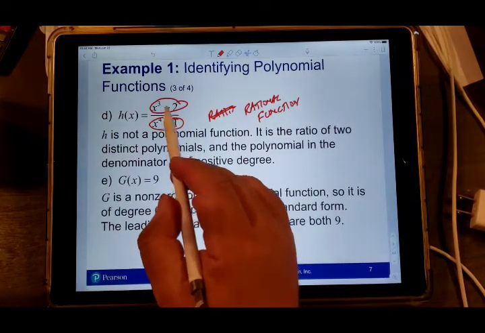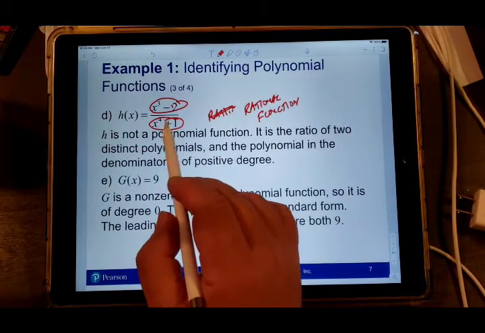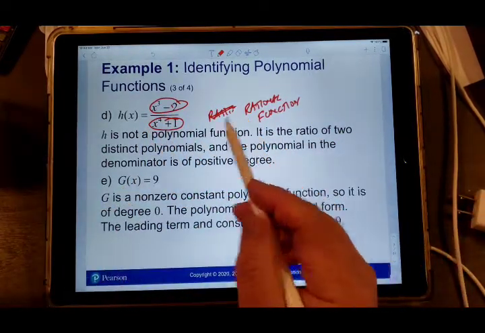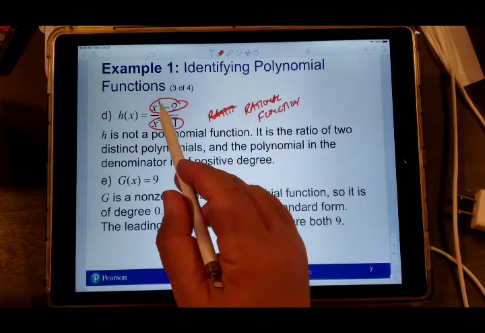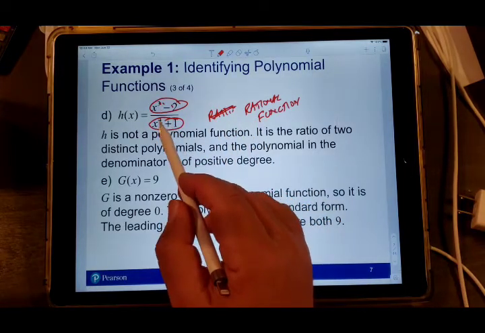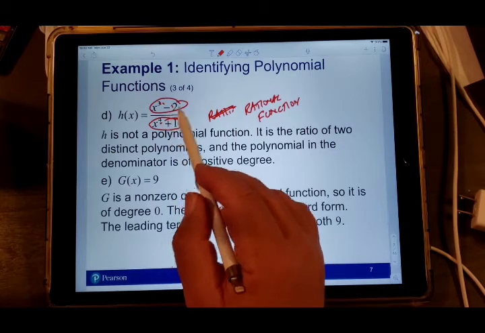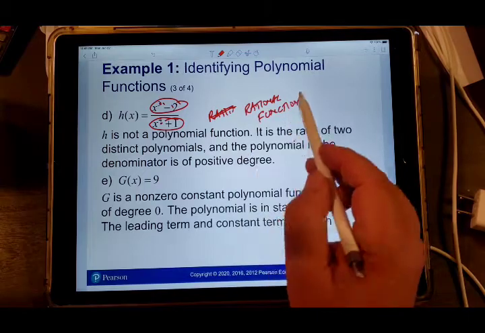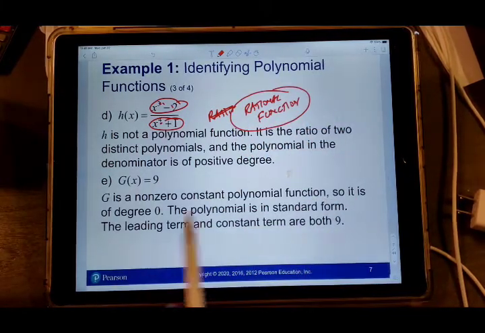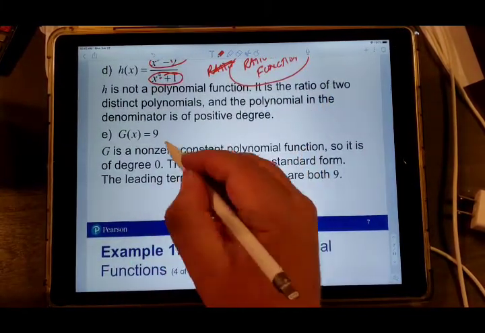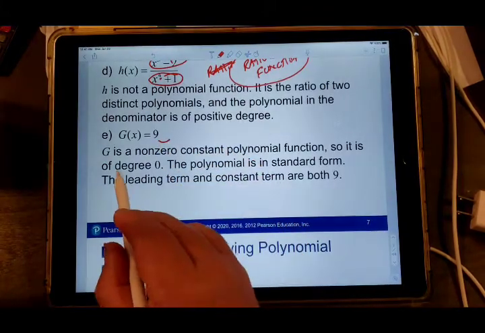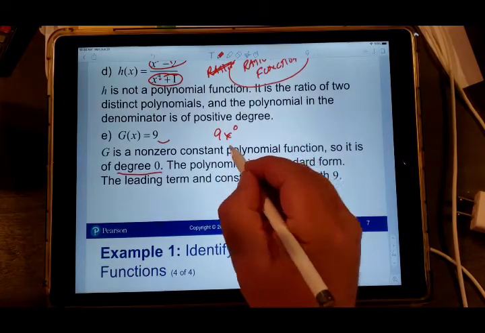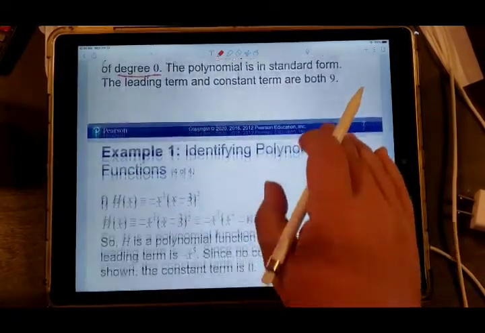If the rational function actually reduced and it was no longer a fraction, well, maybe it could work into a polynomial, but a quick glance would tell you that this would not reduce into, even if I could factor it and try to cancel, it wouldn't reduce completely into a polynomial. So, not a polynomial, it's something different. Technically speaking, this is a polynomial of degree 0, meaning I can think of it as 9x to the 0. It's a polynomial.